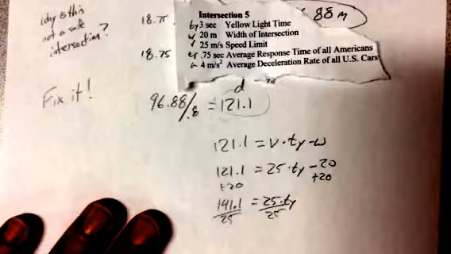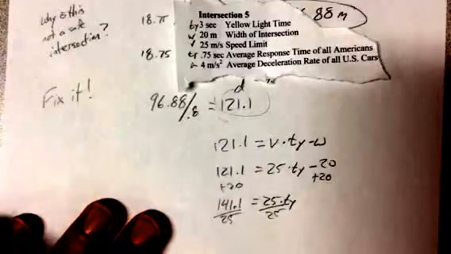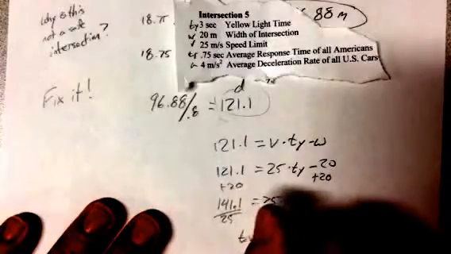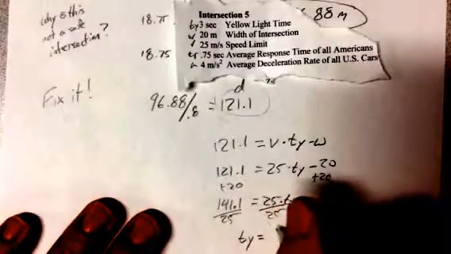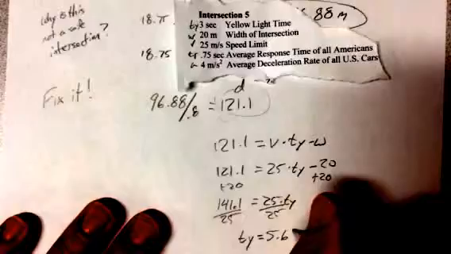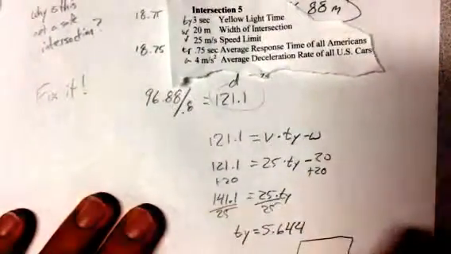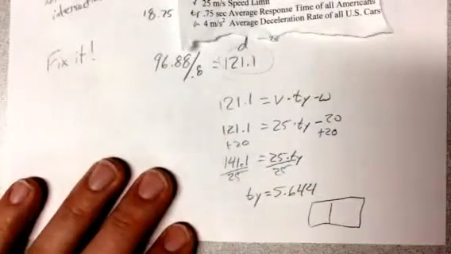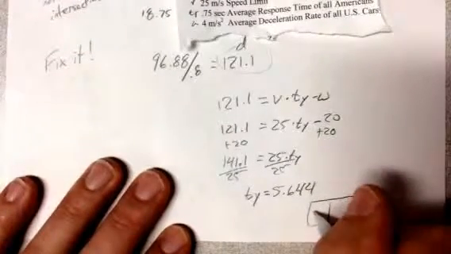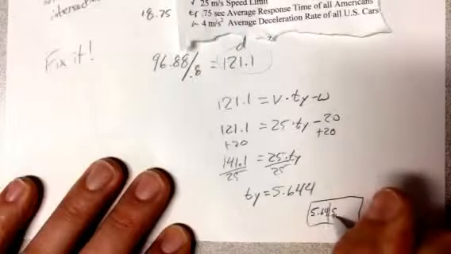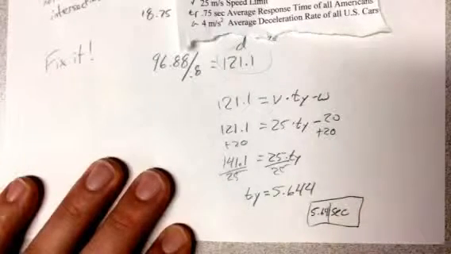So I do 141.1 divided by 25, and I get a yellow light time t of y equals 5.644. So your answer on your test in this box will be 5.64 seconds, because yellow light time is a time.